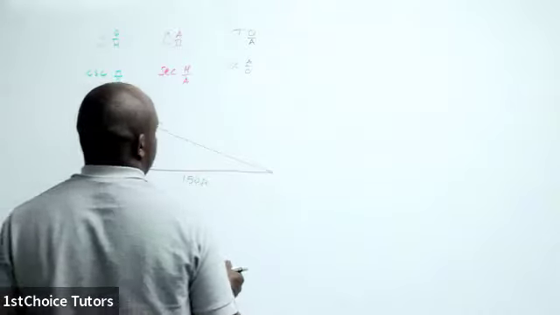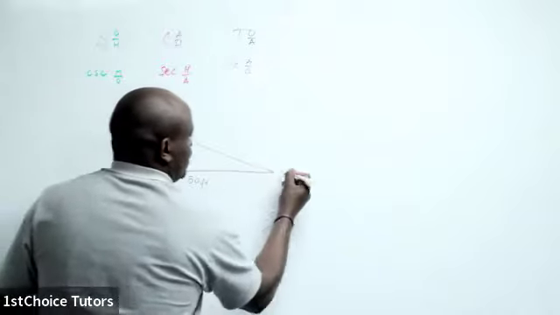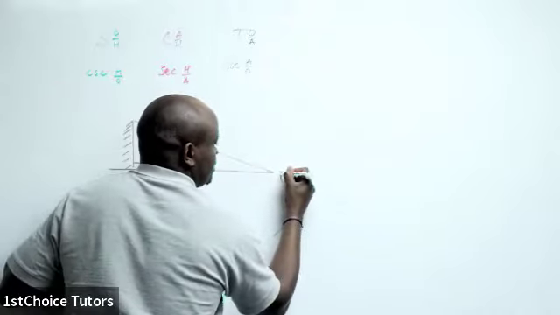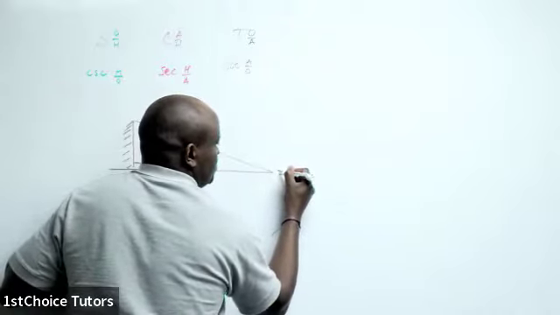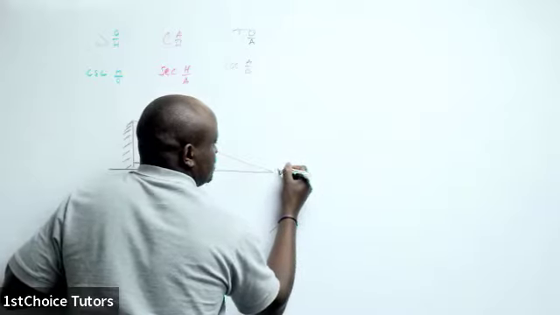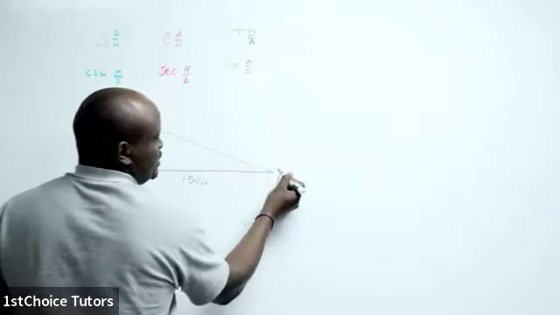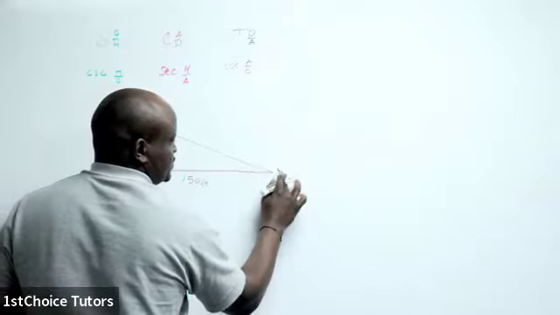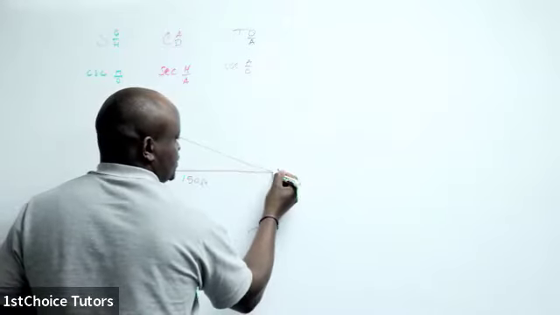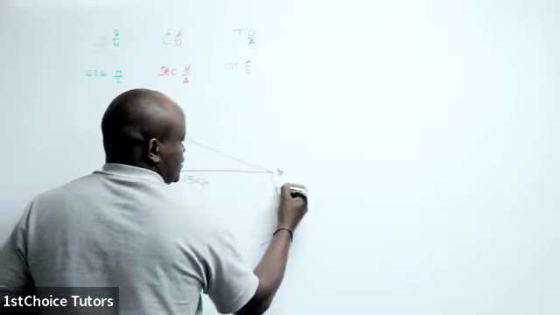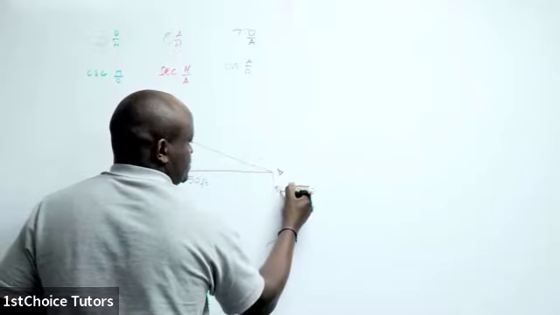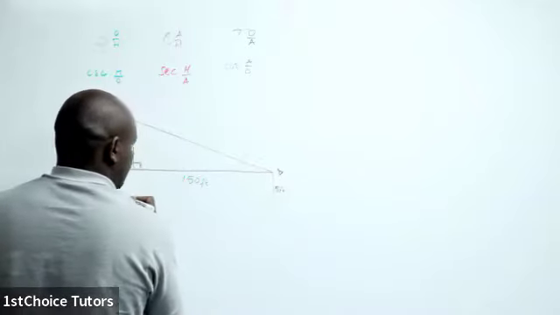All right, top of the building is 84. Wait, her eye is 5 feet above the ground. So this is her eye. It is 5 feet from the ground. It's a weird drawing, isn't it? So she's pretty much standing here.